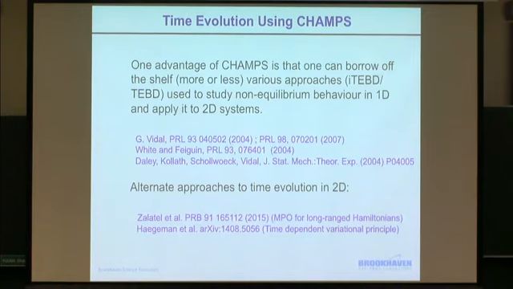One thing you can borrow is various time evolution approaches to studying non-equilibrium phenomena in 1D. Particularly, you can borrow the iTEBD and TEBD algorithms and just apply them to studying time evolution in 2D.